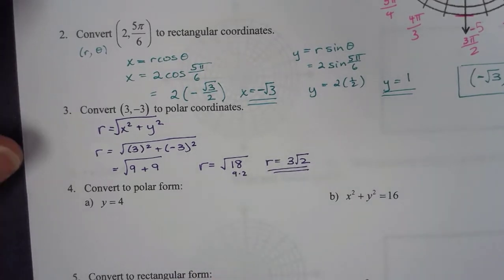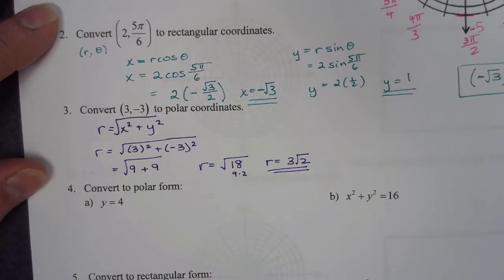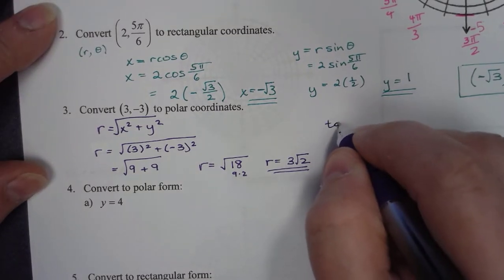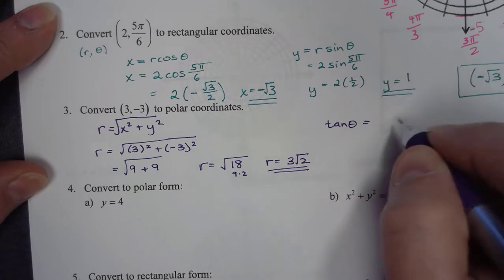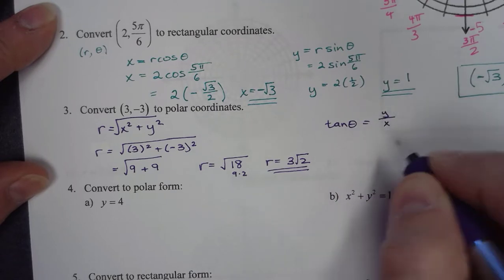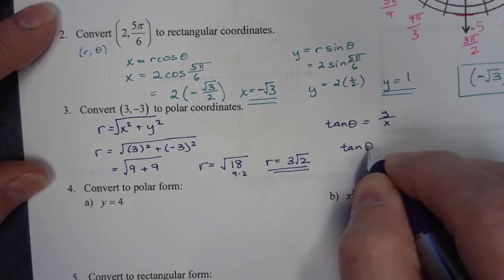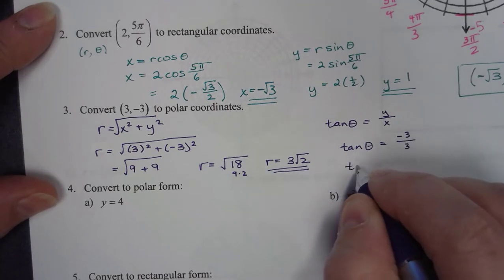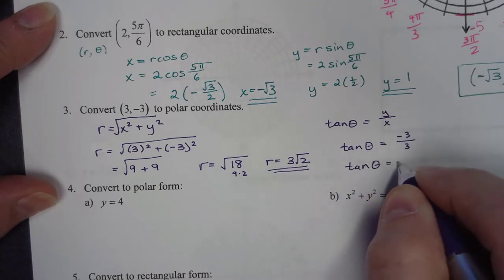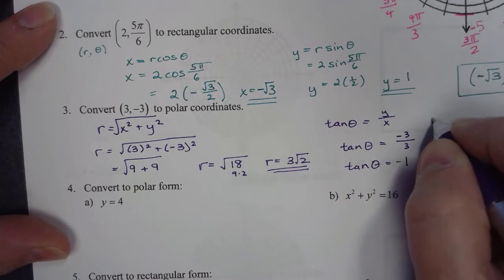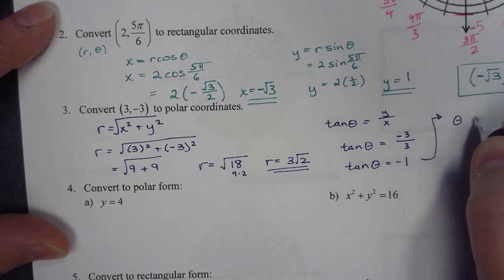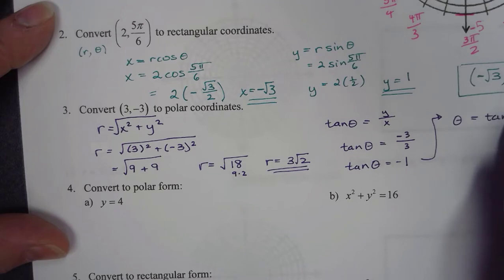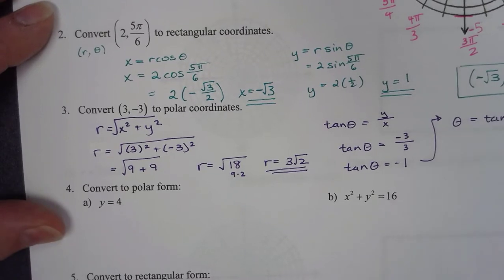There's my r. How am I going to find my theta? My tangent of theta is y over x. So tangent of theta is -3 over 3. So tangent of theta is -1. So that means that theta is the angle whose tangent is -1.